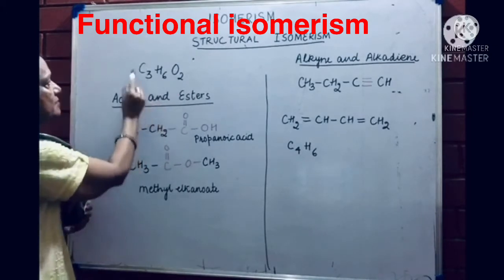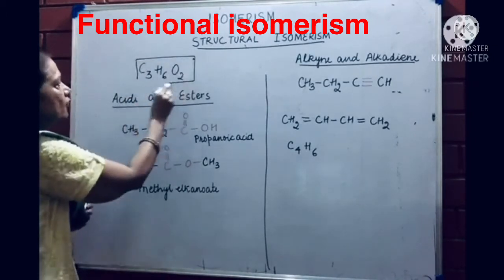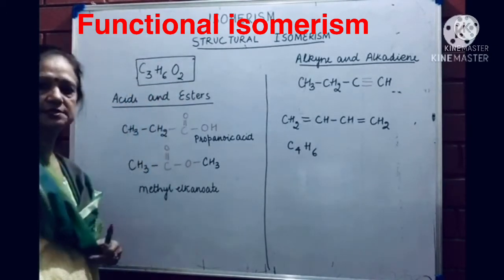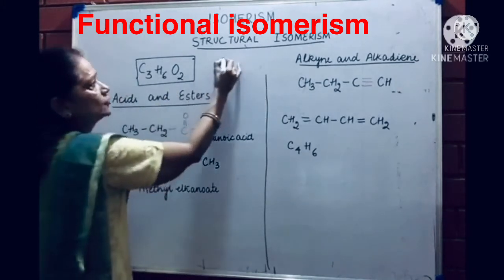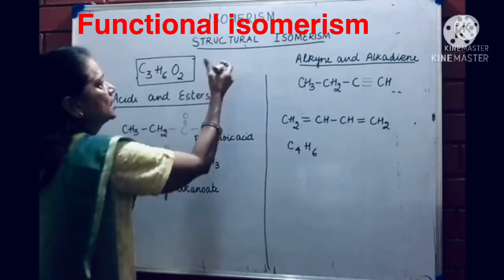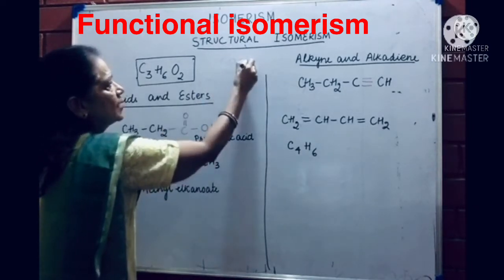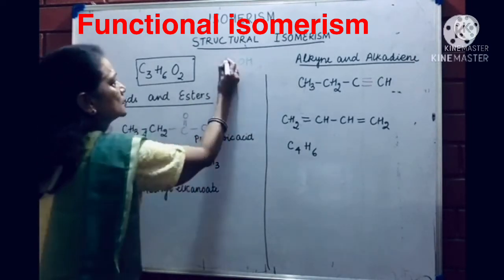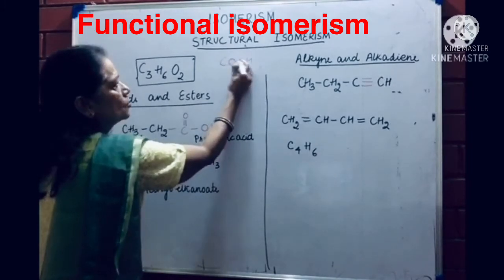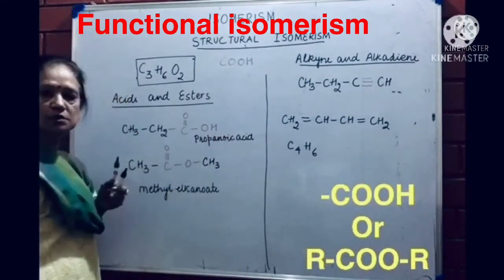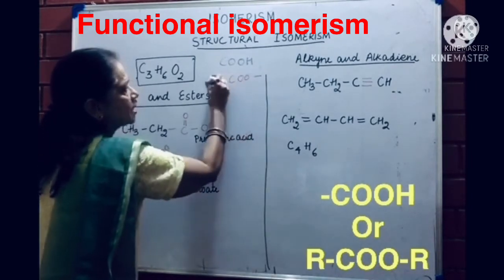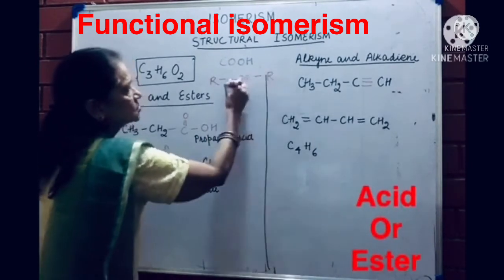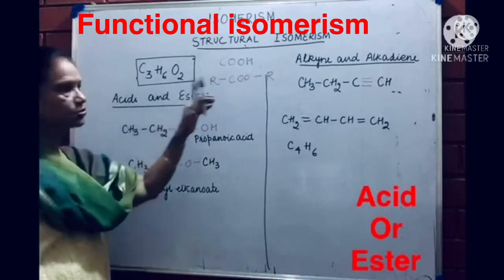The next pair, supposing this is the molecular formula given to you, C3H6O2. When it is 2 oxygen atoms, obviously your functional group could be COOH, because this contains 2 oxygen atoms, or it could be COO with an R group on both sides. So both these contain 2 oxygen atoms.